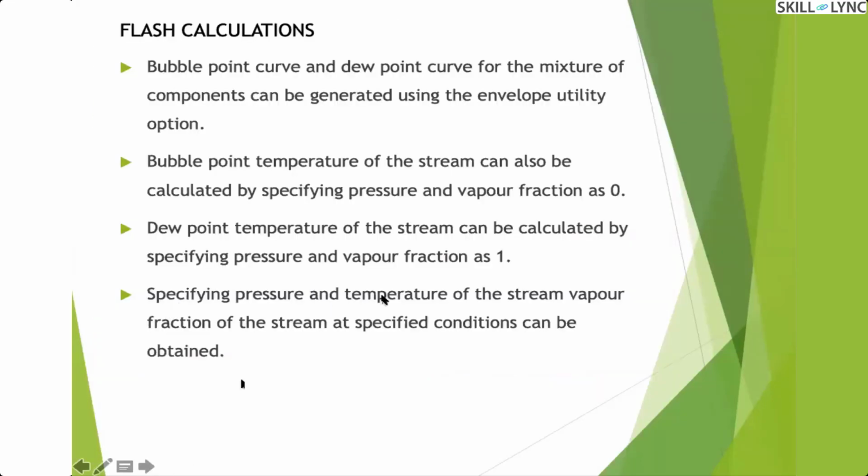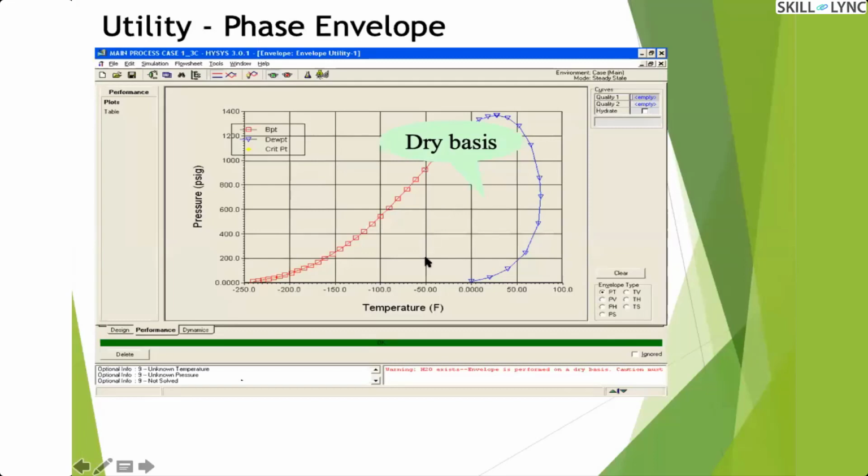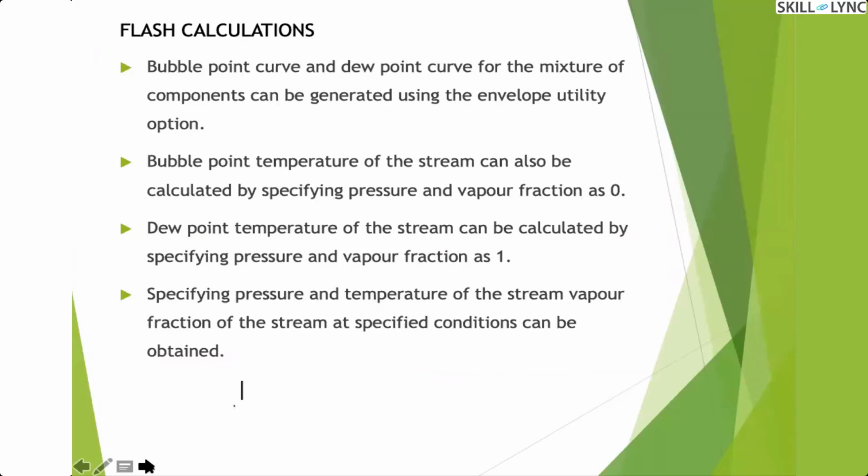And then, by specifying pressure and temperature of the stream, the vapor fraction of the stream can be obtained. If you specify, say, minus 50 degree F and 200 psig, then you will know the vapor fraction, and 1 minus that vapor fraction will give you how much liquid is available at that condition. So that is what is specified here.